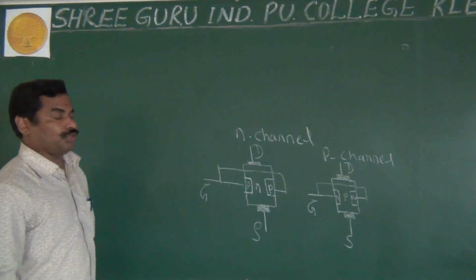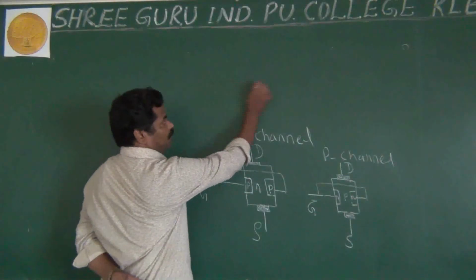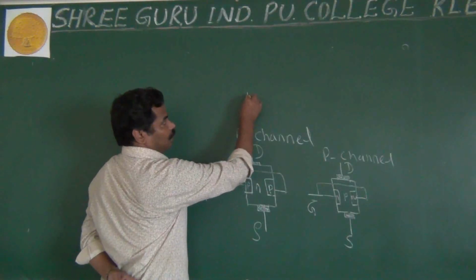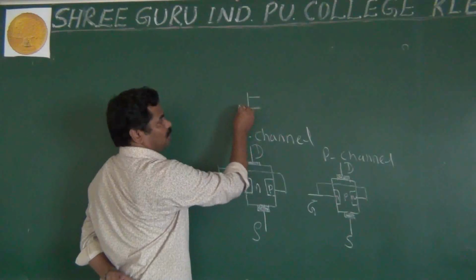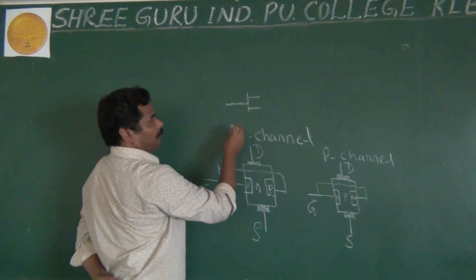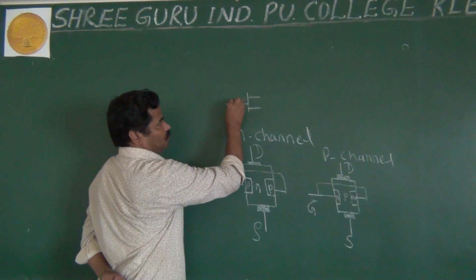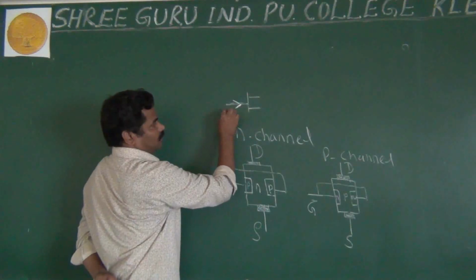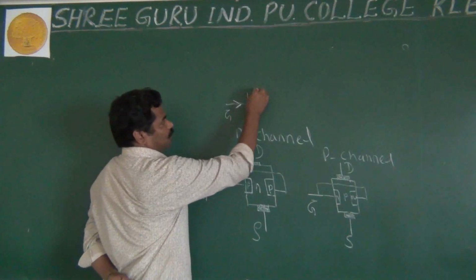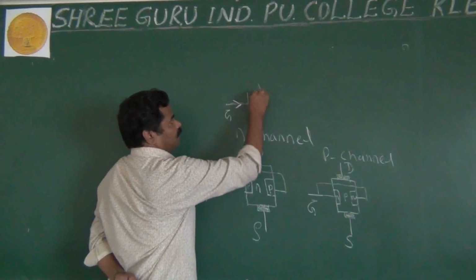You can also identify them by the symbol. This is the symbol of your N-channel, where the arrow is towards the gate. This is your source and this is your drain.